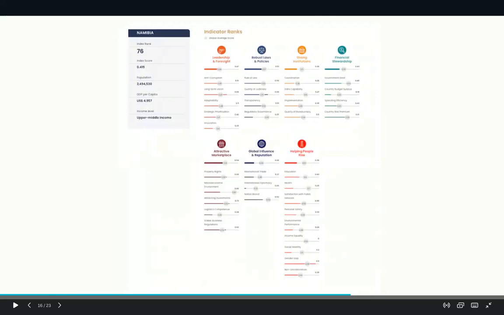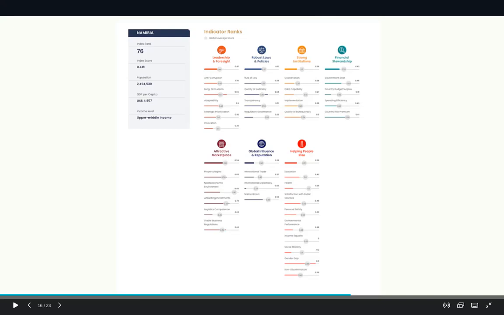Here you have an indicator rank of Namibia, which is actually considered the 76th best country regarding political aspects in the world, with a GDP per capita in US dollars of 4,957, and the income level is upper middle income.